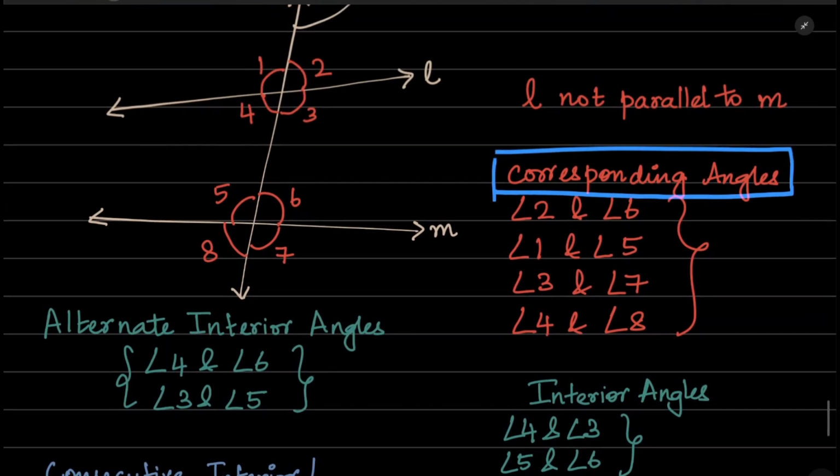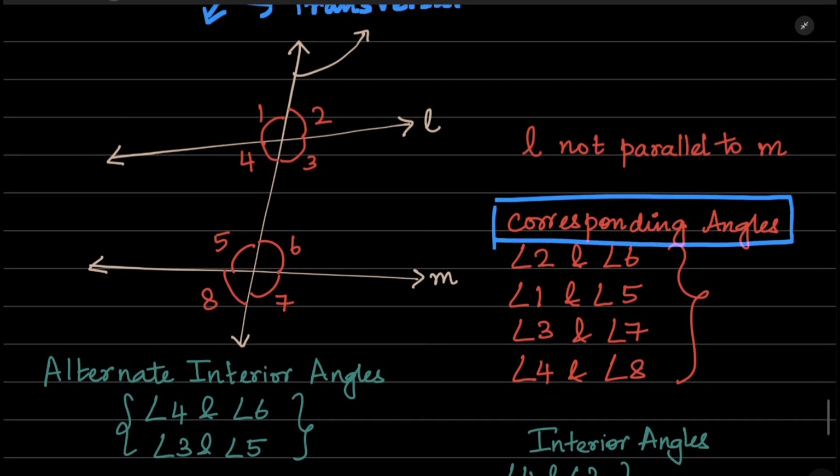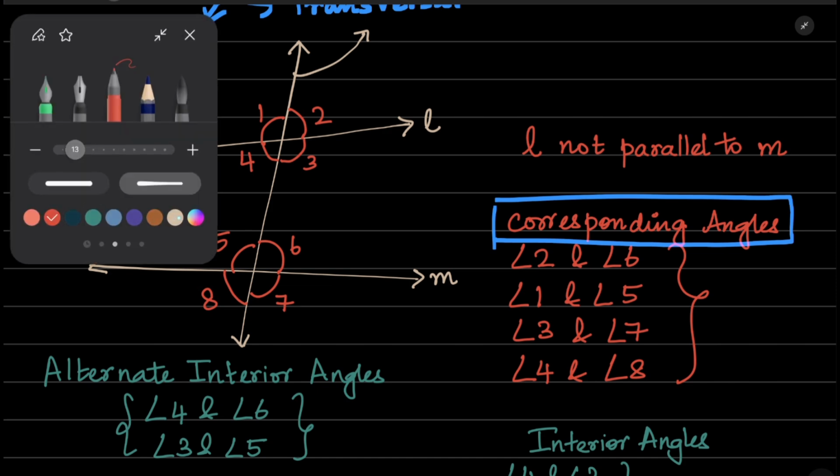Now comes the next part, alternate exterior angles. If you take alternate exterior, the alternate of 1 is 7. So 1 and 7 are alternate exterior. In the same way, 2 and 8 are also alternate exterior angles. Let's make a note of that.